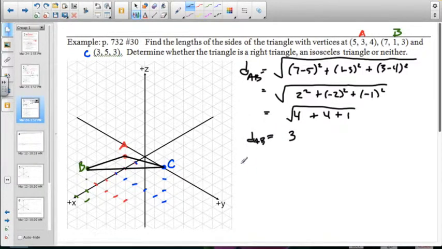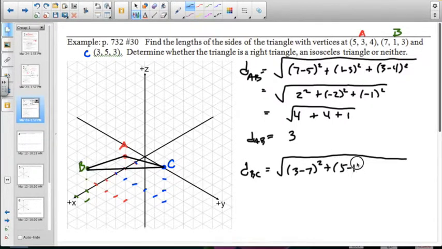Okay, so let's look at the distance from B to C. So we're going from B to C, so we'll go 3 minus 7, 5 minus 1, and 3 minus 3. So if we take a look at this, we can see that the z distance is 0.